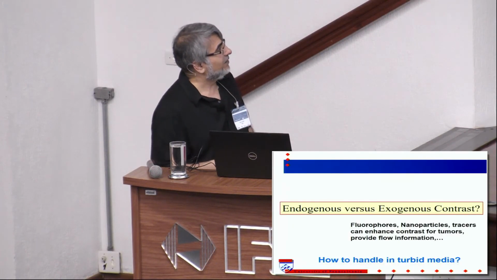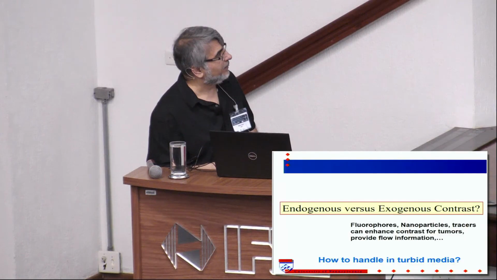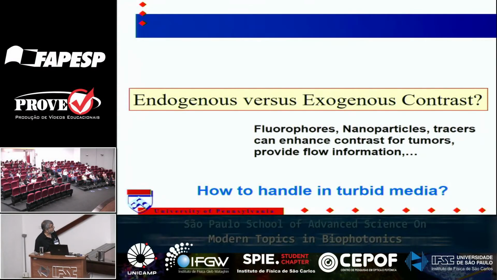But there's a lot of work nowadays, and Gang Zhang is going to talk about this next week, with fluorophores, nanoparticles, all sorts of interesting, innovative kinds of tracers that can be used to enhance tumor contrast, for example, or to measure flow and things like that by their uptake. And we want to be able to try to take advantage of that.